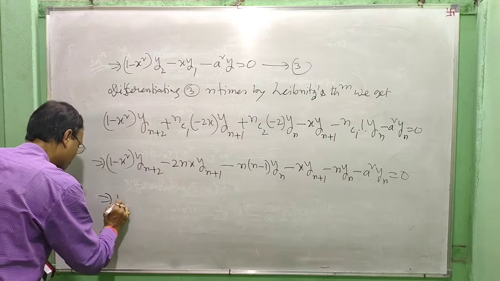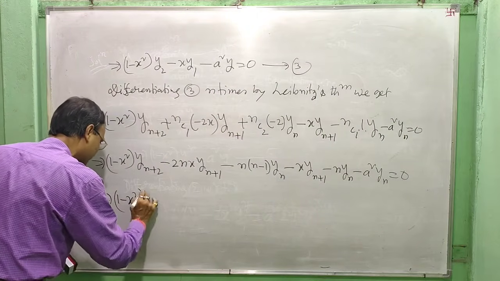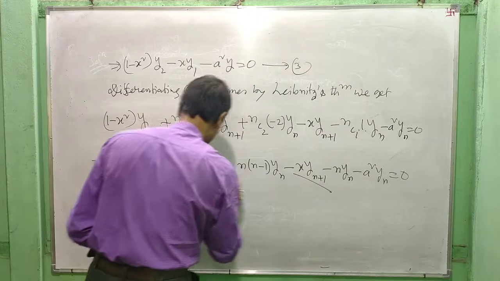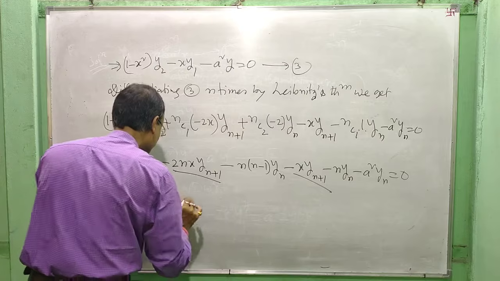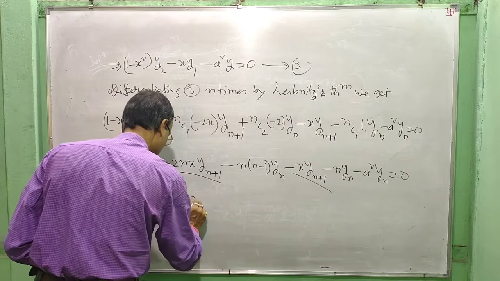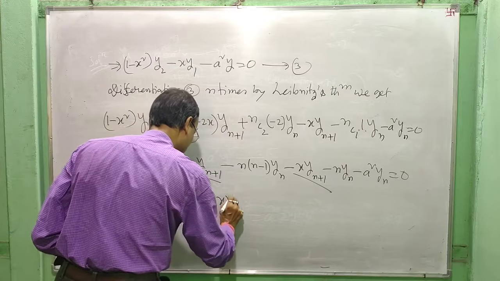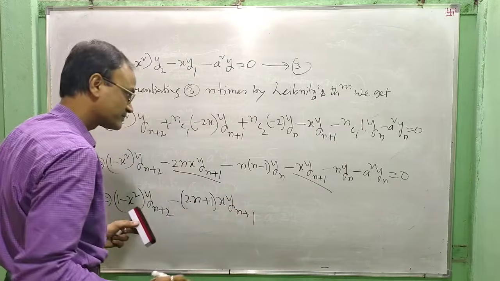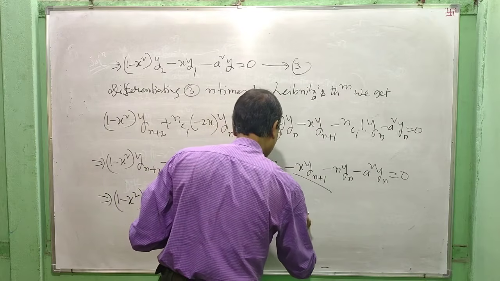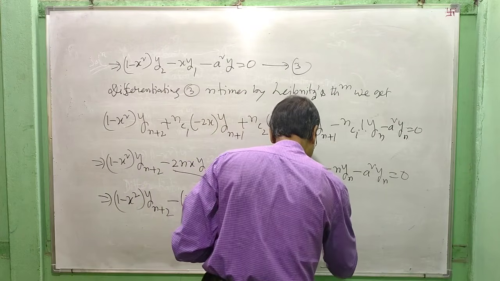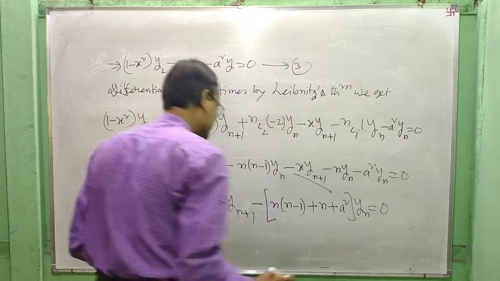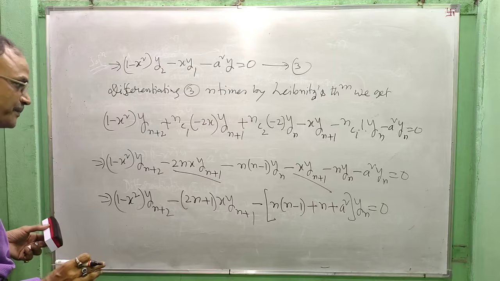This means 1 minus x square yn plus 2, minus twice n plus 1 x yn plus 1, minus n into n minus 1 plus n plus a square yn is equal to 0.